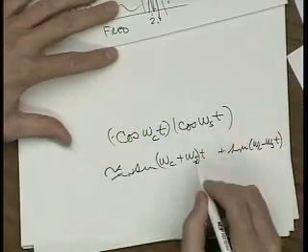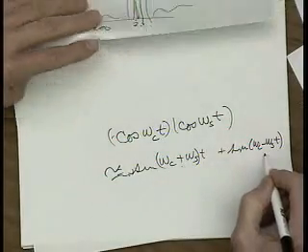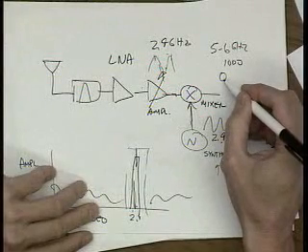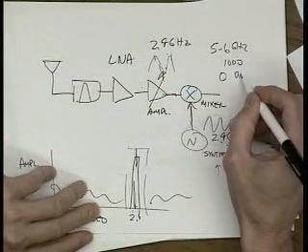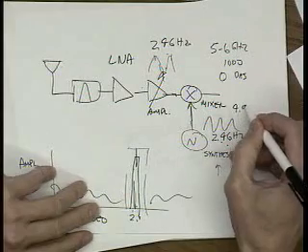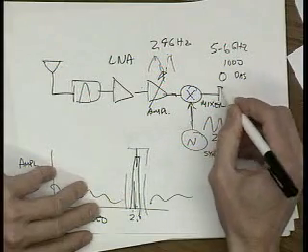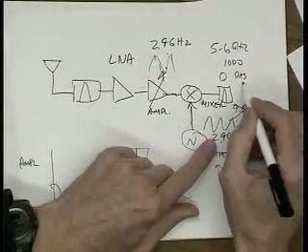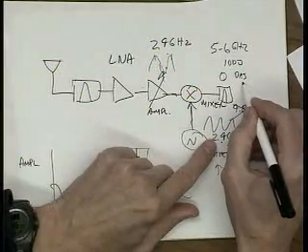So you get the sum and difference of the frequencies. Here you're going to get something down around 0. That's the baseband signal. And you get something else around 4.8 gigahertz. Well, you put another filter here, and you knock out the 4.8 gigahertz one, and you end up with the 0 gigahertz one, the one that's around baseband.